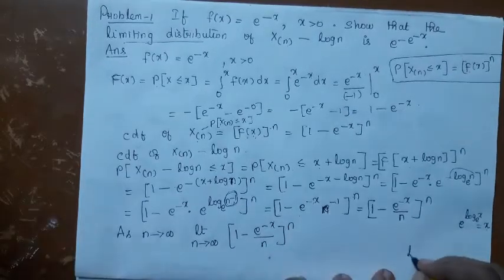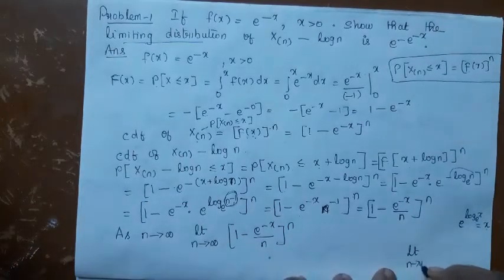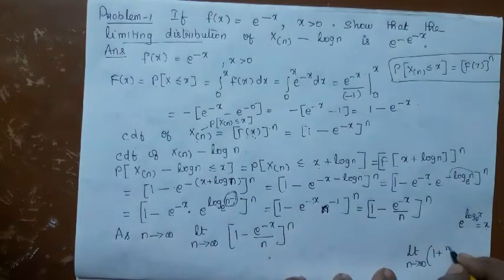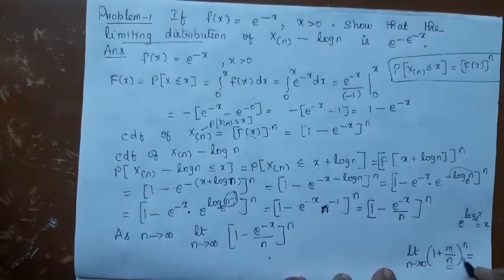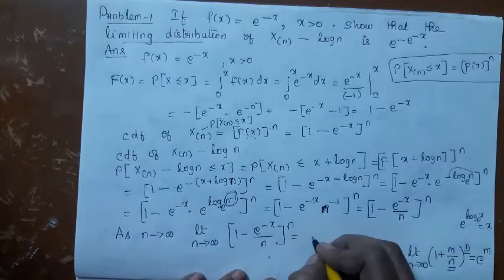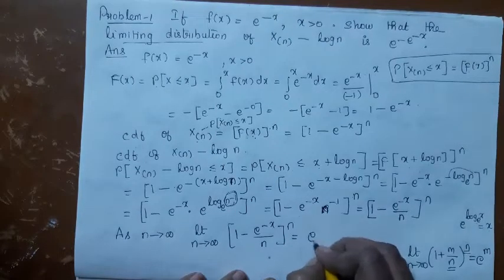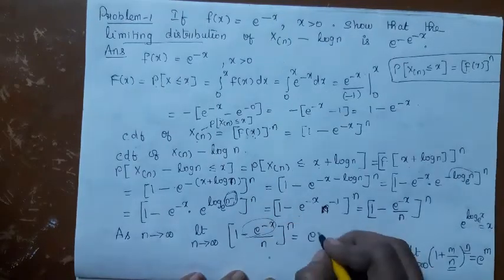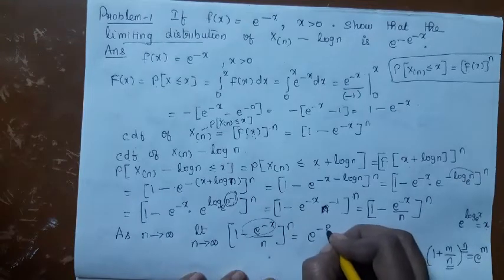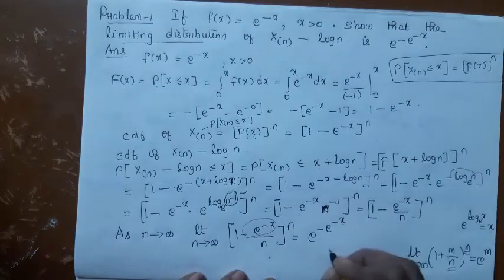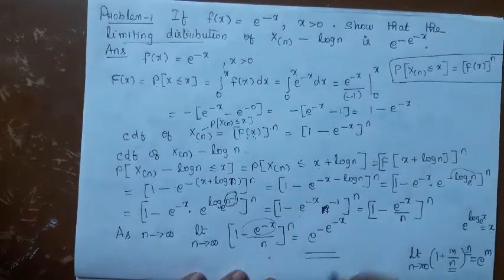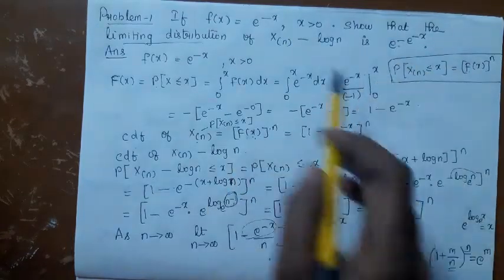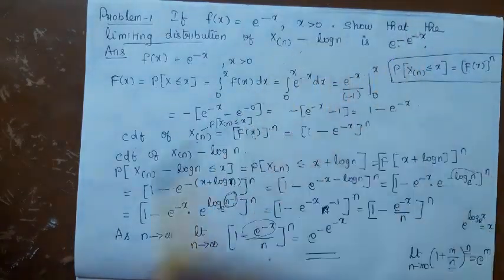You know that limit n tends to infinity, 1 plus m by n the whole power n, where n is there in the denominator and also in the power, you have e power m as the answer. So here, since it is a negative value, you have e power minus e power minus x. Okay, so you have proved it. The limiting distribution of this is this.